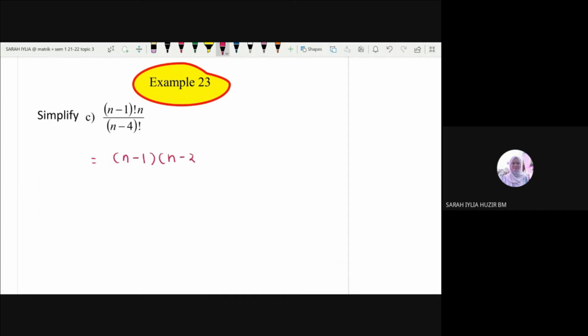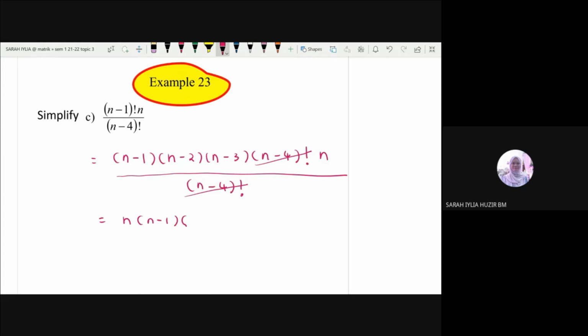So n minus 2. n minus 3. n minus 4 factorial. Saya stop kat n minus 4 factorial. Because on denominator part, we have another n minus 4 factorial. So, n minus 4 factorial can be cancelled out. Nah, yang ni jawapan jadi panjang lah. So, n minus 1, n minus 2, n minus 3.